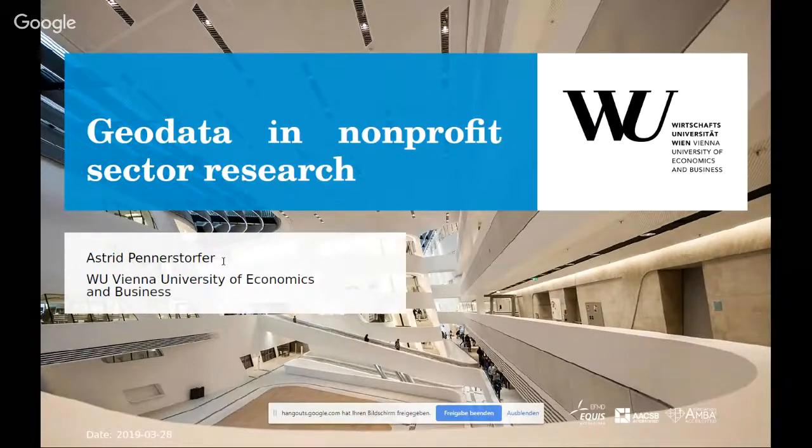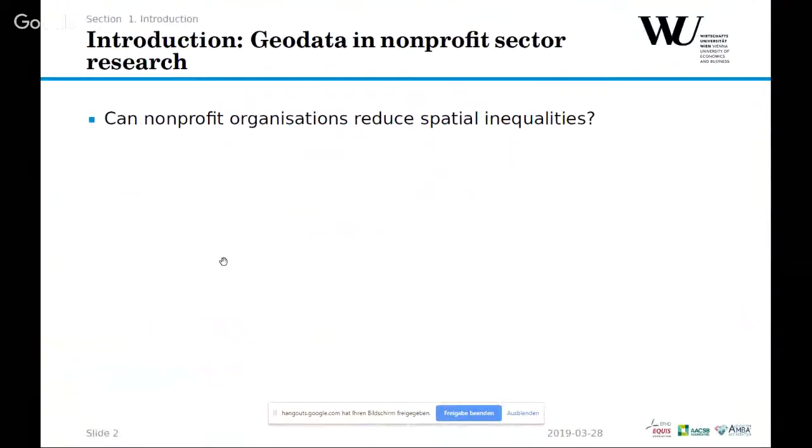So when geodata are in use in nonprofit sector research, a central topic is often the distribution of services. And the underlying question then is whether nonprofit organizations can reduce spatial inequalities.